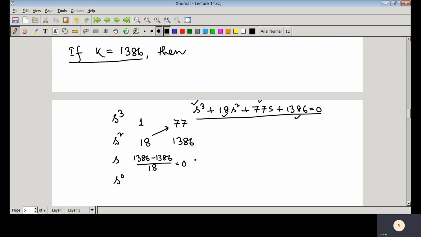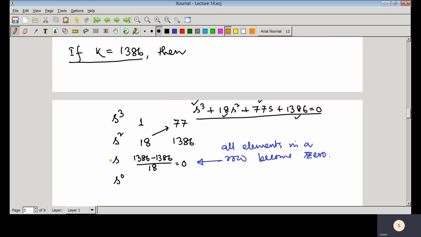Now this is one exceptional case where it might happen that one full row, in this case this row, all elements, and in this case only one element is there, all elements in a row become 0. If this happens, then we need to follow a particular method to form the Routh table.